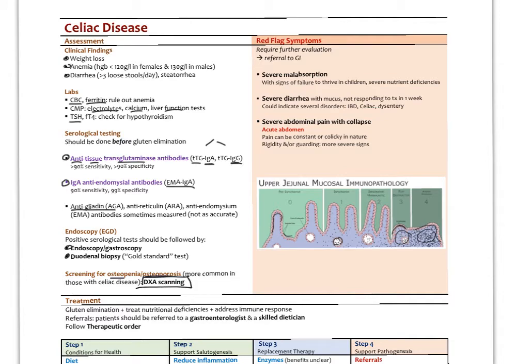But if there's very severe malnutrition from malabsorption, especially in children with severe nutrient deficiencies, very severe diarrhea, and then severe abdominal pain with collapse, that could be acute abdomen. This is where we would definitely need more urgent referral and investigation.